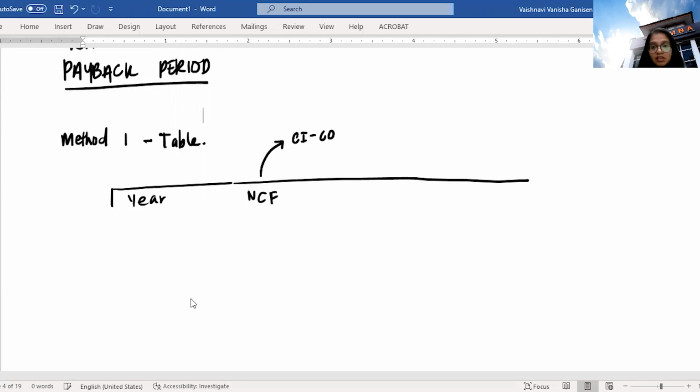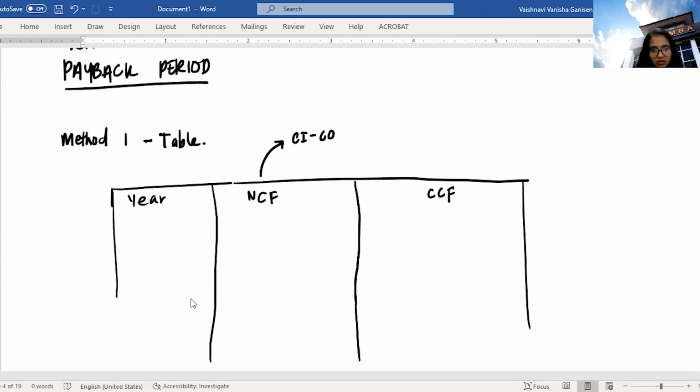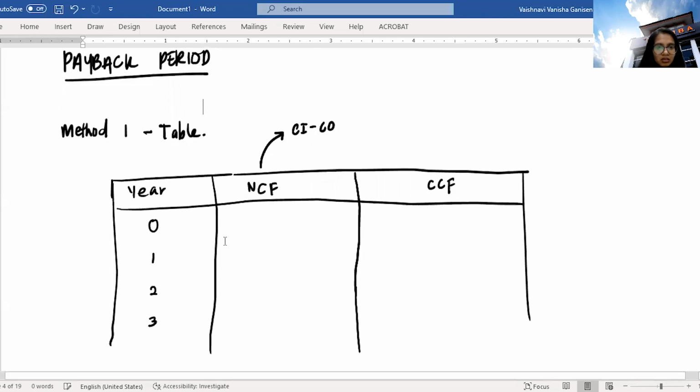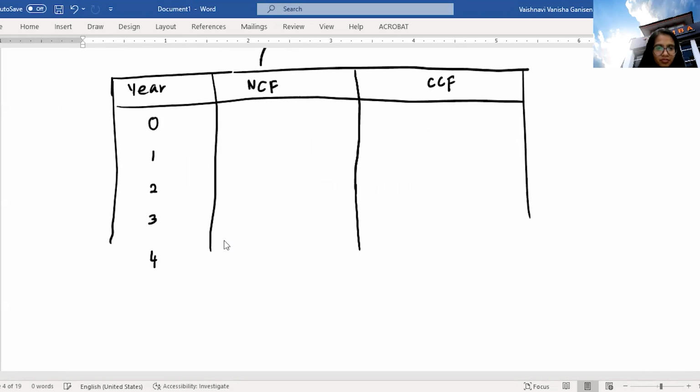Please remember that. Cumulative cash flow. Okay, year 0, 1, 2, 3, 4, 5.